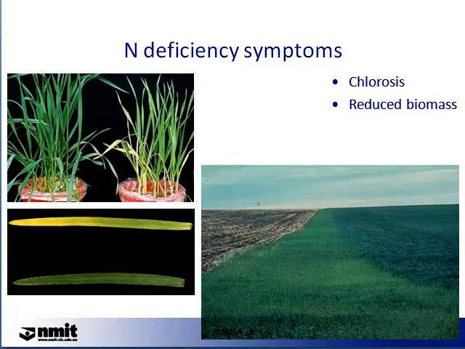Other symptoms that can be seen are poor plant growth, which results in reduced biomass. Lower leaves, the older leaves, show the symptoms first, since the plant will move nitrogen from older leaves to other important younger ones. Whether deficiencies occur on older or younger plants' leaves is very important in helping determine what that deficiency may be.